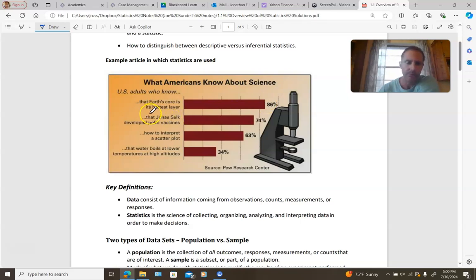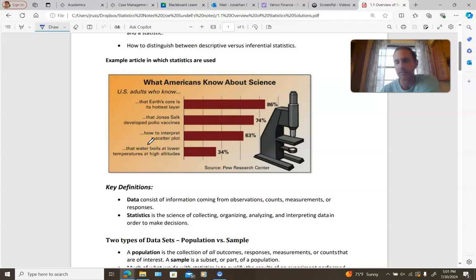And then furthermore, 74% of individuals that were asked this question knew that Jonas Salk developed the polio vaccine. And then furthermore, 63% knew how to interpret a scatter plot. We'll actually talk more about scatter plots in this course. And then 34% knew that water boils at lower temperatures at higher altitudes.